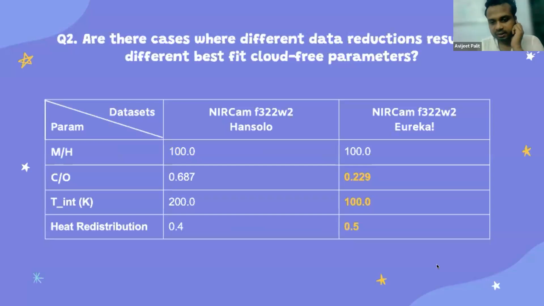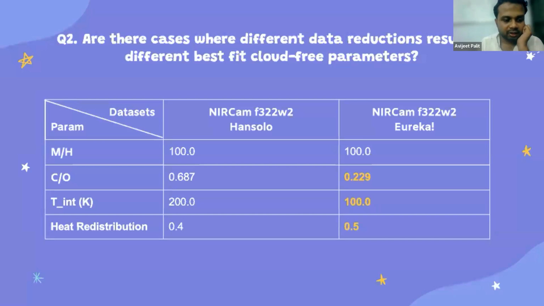And to address our second question, are there cases where different data reductions result in different best fit cloud-free parameters? For this, we analyze NIRCam F322W2 through the Hans Solo reduction dataset and the Eureka reduction dataset. Here we also observe that metallicity remains the same, but carbon to oxygen ratio, internal heat and heat redistribution deviated a little.